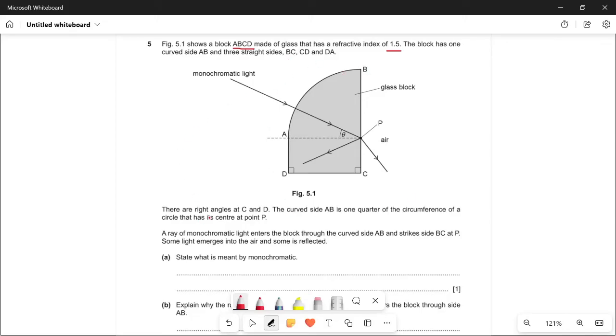There are right angles at C and D. The curved side AB is 1/4 of the circumference of a circle that has its center at point P. So this is point P, and this quarter circle is 1/4 of a full circle with a center of P.